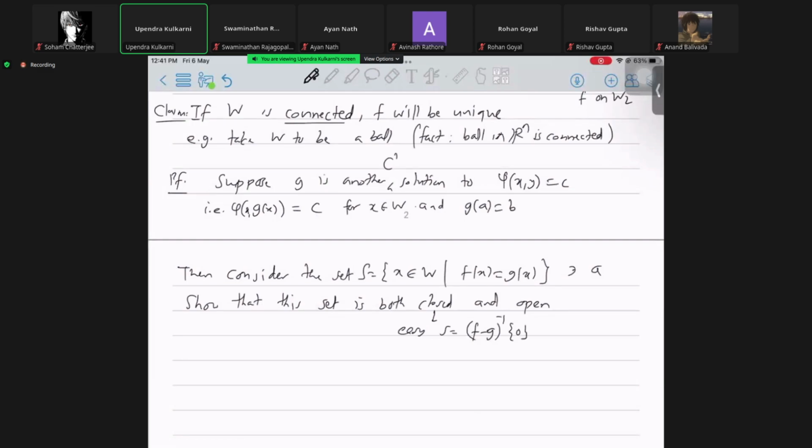Now for openness, you have to do something a little bit more. Basically, if you want to show that a certain point is in this set, that is, if two functions match at a certain point, then they will also match in a neighborhood. Where is this going to come from?